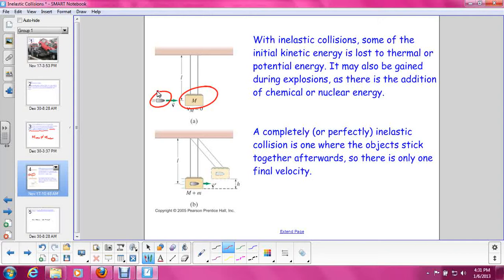The bullet has a mass of little m, and the block has a mass of big M. When they hit, they become one single object, and the new mass of this object is the mass of the block and the mass of the bullet added together. Because they are now one object, that means there is only one final velocity. So in an inelastic collision, you have two initial velocities for two separate objects and one final velocity for the one combined object.